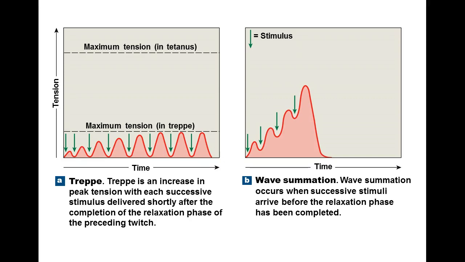So you have an increase in the peak of the tension with each successive stimulus, and that stimulus is right after the relaxation phase, and each one successively increases the tension. And then you have this idea of wave summation, where each stimulus will arrive before the relaxation phase is totally complete. So you actually don't have a full cycle of relaxation phase.